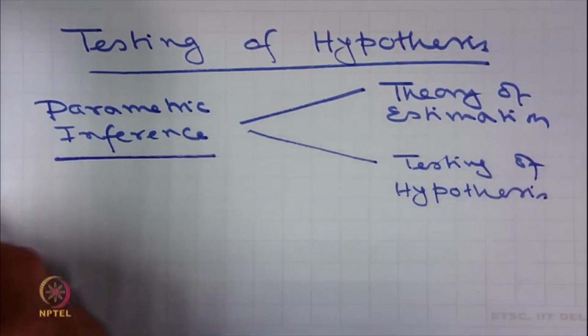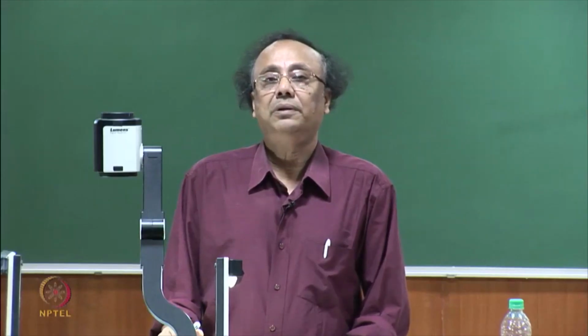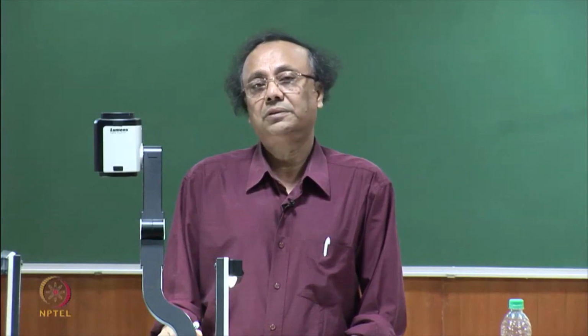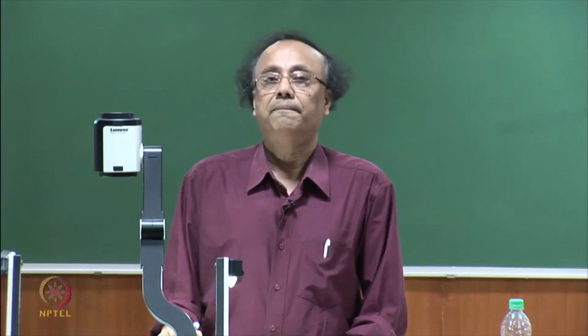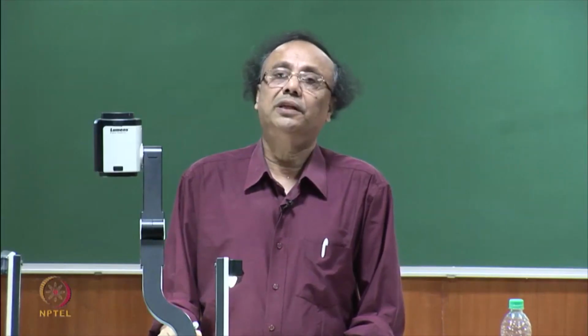It is parametric, which means we have an idea of the distribution. The only thing we want to know from the sample is the possible values of the parameter of the distribution.